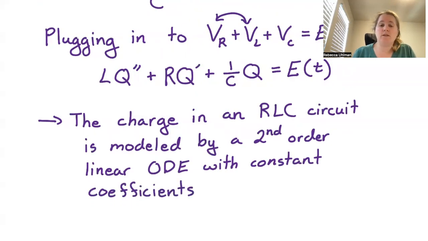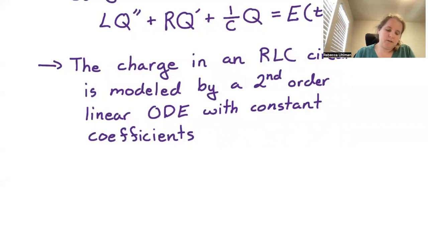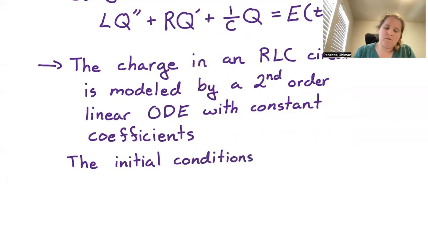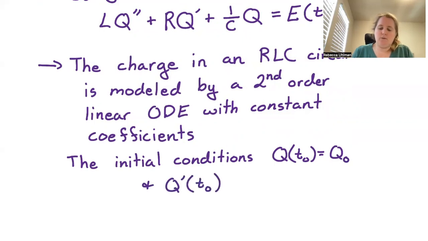Furthermore, the initial conditions are Q of t naught equals Q naught and Q prime of t naught equals, I'm going to be sloppy and do Q naught prime.